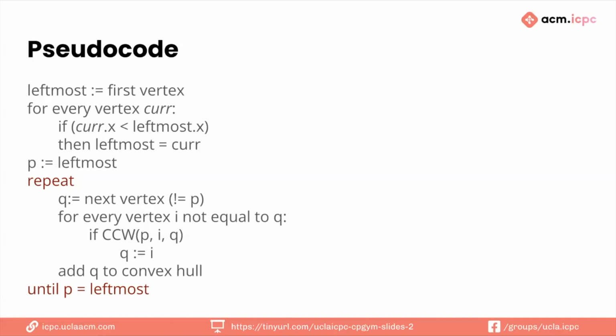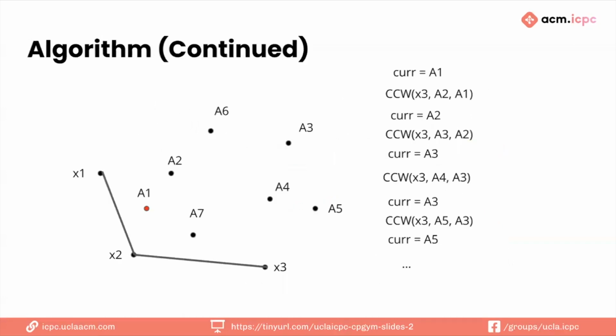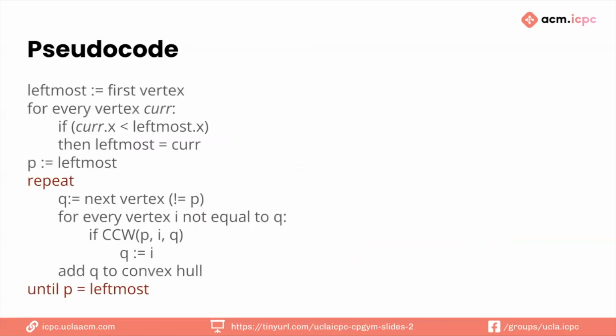Sorry? The previous slide. Okay. So, I'm a bit confused. So are you saying that if the previous point in the convex hull appears twice, then you will update to the next point? I'm not sure how you update to the next one, next to x4. Okay, so once we find x4, we now set the previous point to x4, and then consider all other points. Sorry, can you repeat the question?